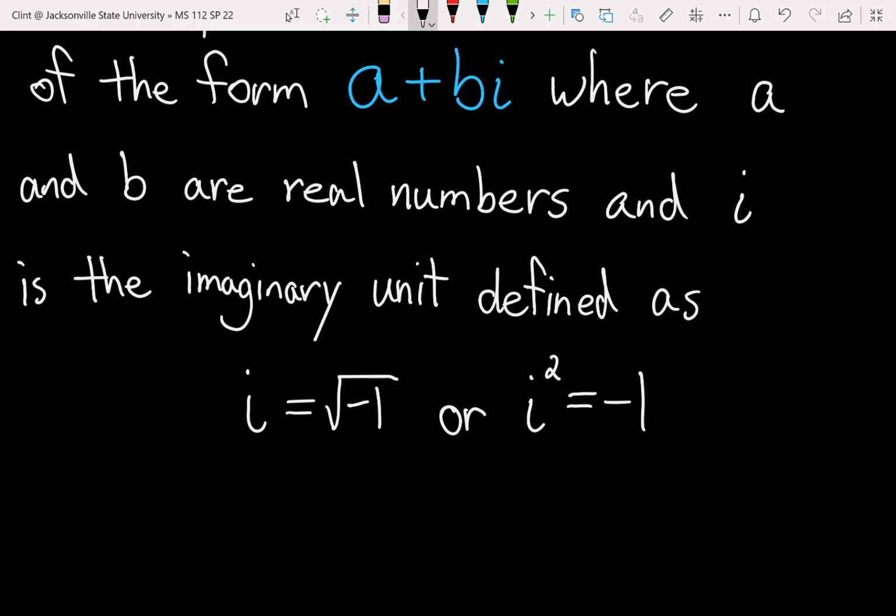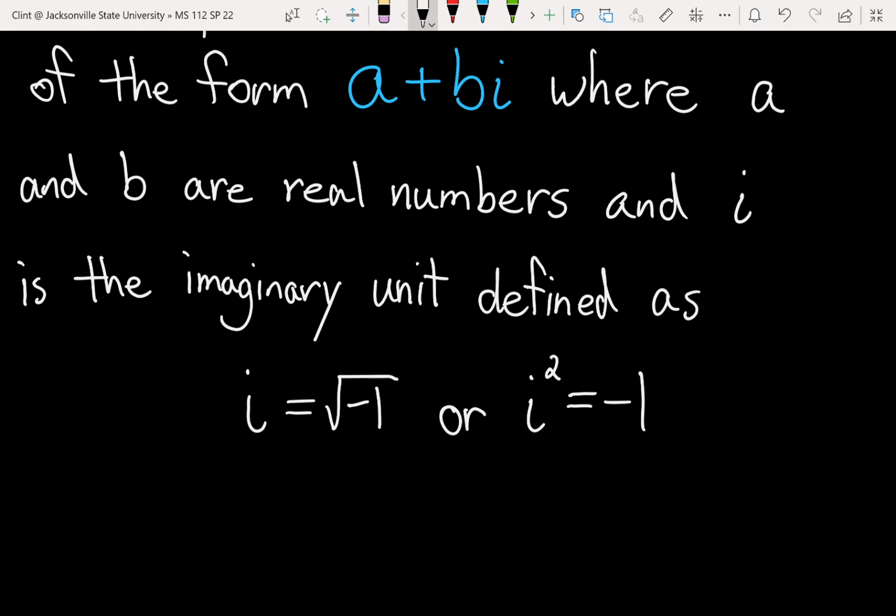Normally, with real numbers, we say the square root of a negative number is undefined. Like if we have the square root of -4, there's no way we can get that with real numbers, because that would mean we have two numbers we multiply together and get a negative. It has to be the same number.